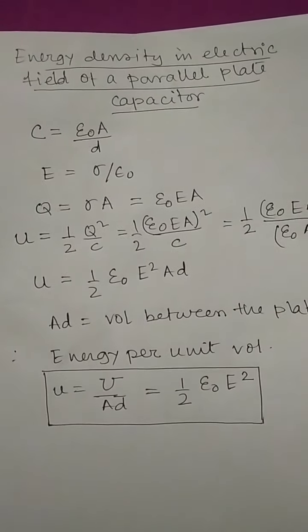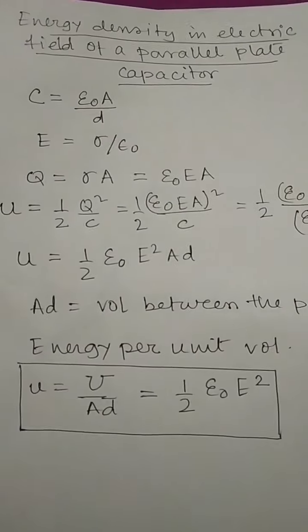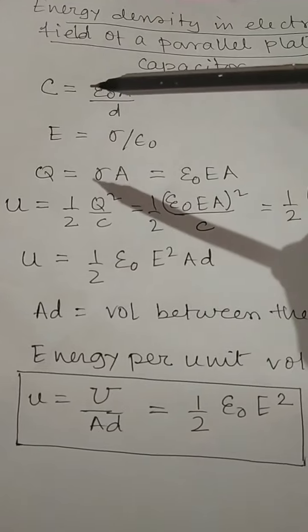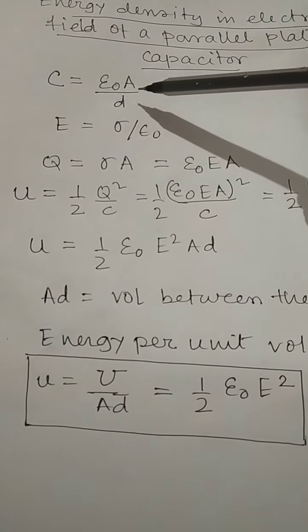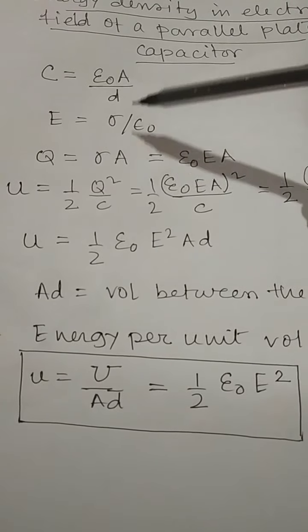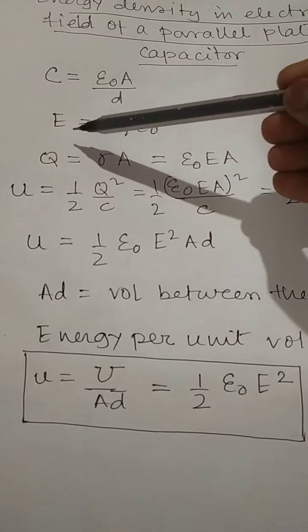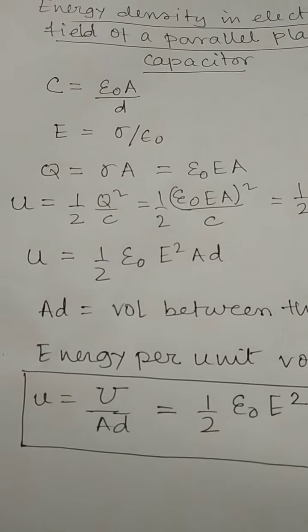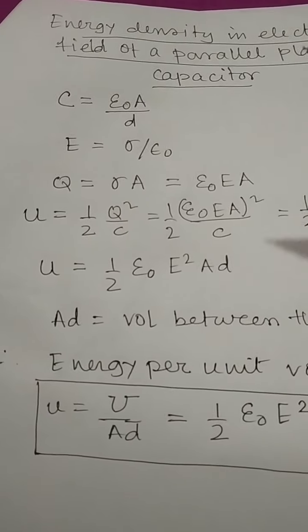Next we will do energy density in the electric field of a parallel plate capacitor. The capacitance of a parallel plate capacitor, derived in previous classes, is epsilon naught A by d, where A is the area of the plates and d is the distance between them. Also we know that the electric field at any point between the plates is sigma by epsilon naught.